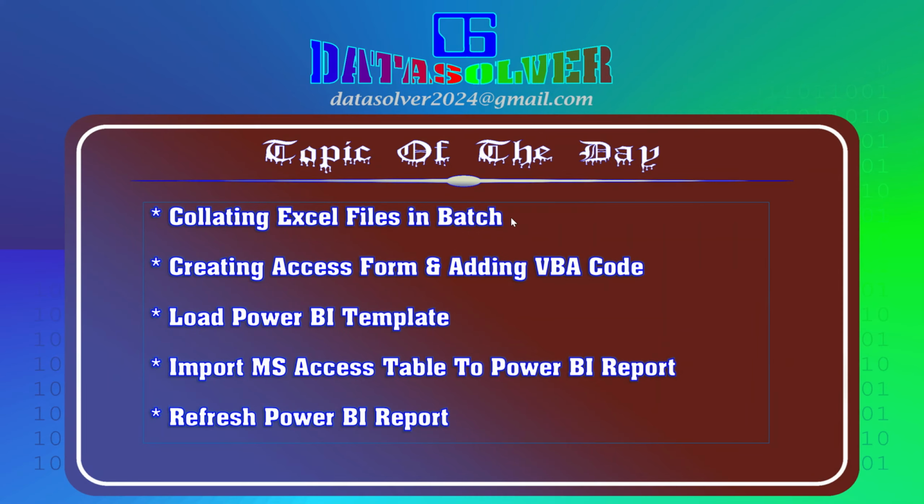So this is what we're going to be covering today as follows: collating Excel files in batch, creating an Access form and adding VBA code, loading the Power BI template, importing the Microsoft Access table to the Power BI report, and refreshing the Power BI report.